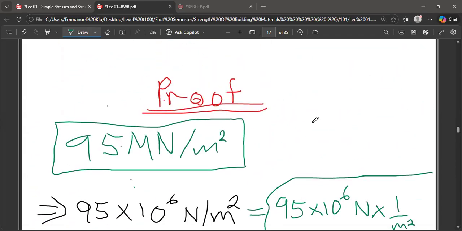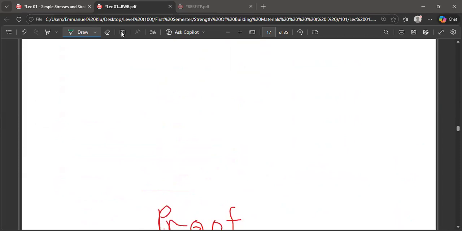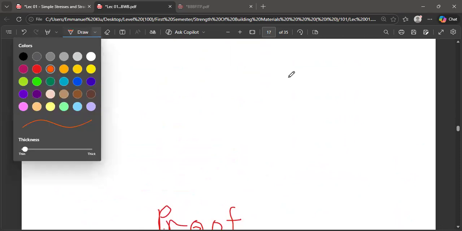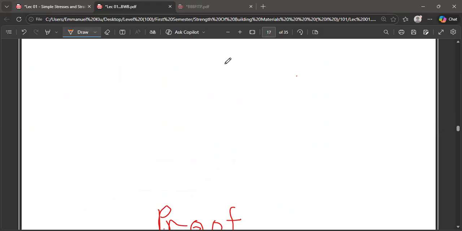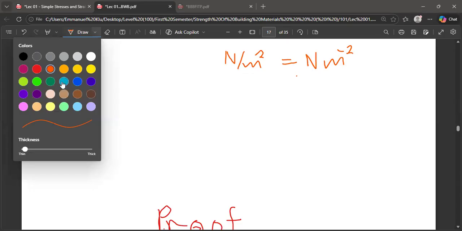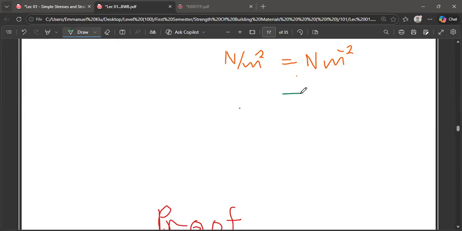Because the other day I told you that if you see Newton per meter squared somewhere, it is the same as Newton per meter squared. And also I remember telling you that any number exponent -2 is also written as 1 over that number.